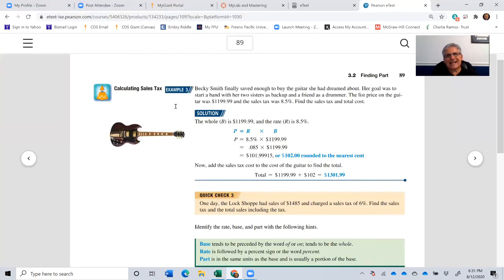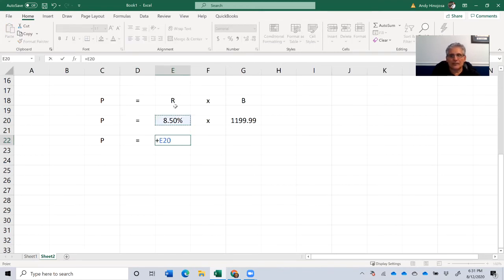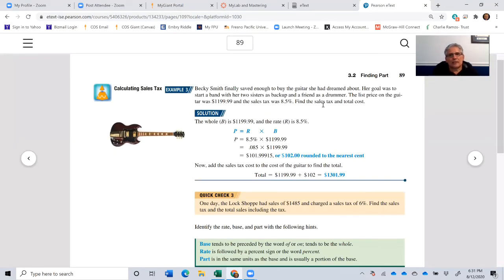The base is the actual sales price, 1199.99. So the amount of sales tax, which is the part, is going to be equal to 8.5% multiplied by 1199.99, which is going to be rounded to $102.